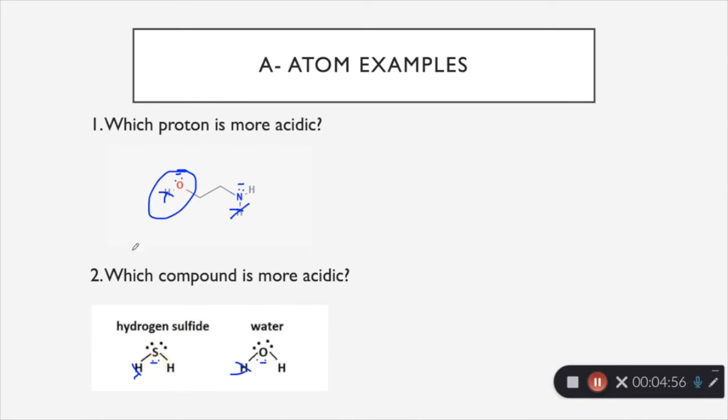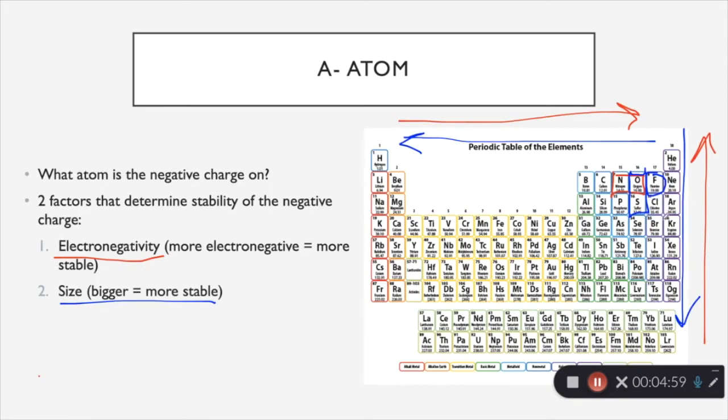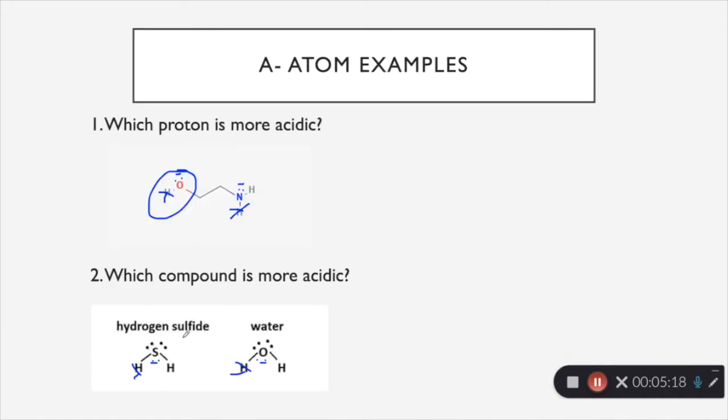So you're comparing sulfur and oxygen. So back to the periodic table, sulfur and oxygen are vertical to each other. They're up and down from each other. So you're going to say, okay, which one is bigger? And looking at the trend, you know that as you go down on the periodic table, you get bigger. So sulfur here is going to be the winner, and it is going to hold the more acidic proton. So this compound is going to be more acidic.